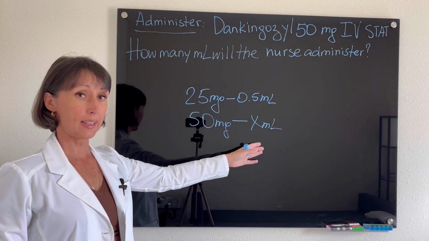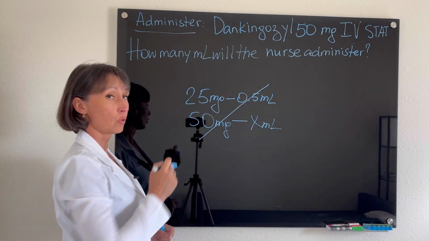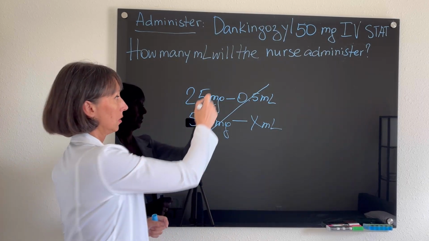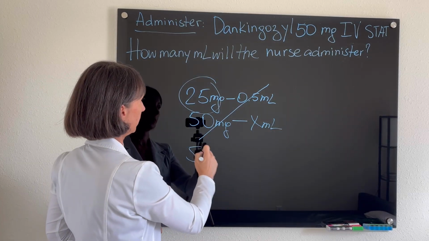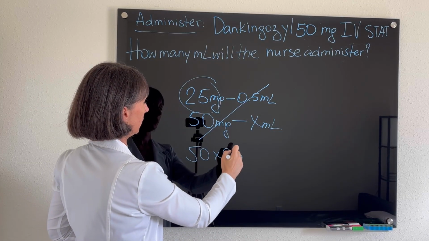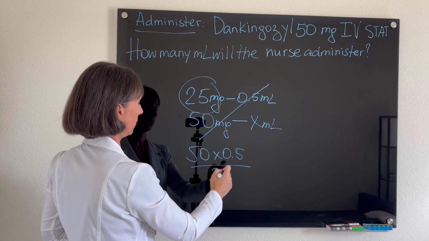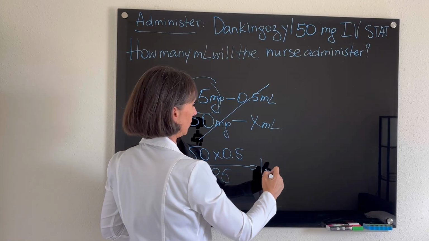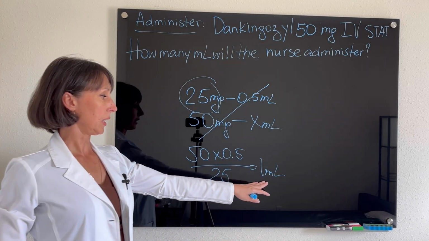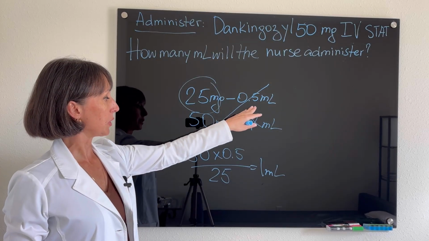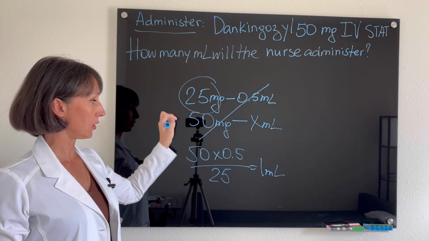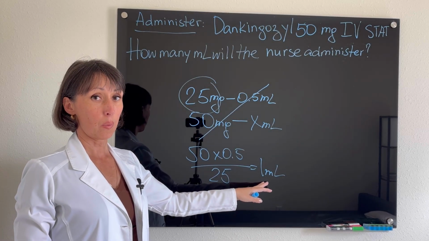And now to find my X, I'm going to multiply on diagonal and divide by the third number. And my answer is 1 milliliter. So 50 times 0.5 divided by 25 equals 1 milliliter.